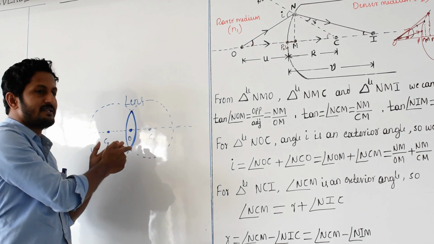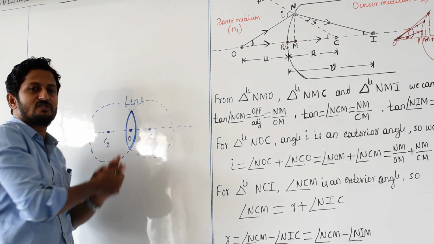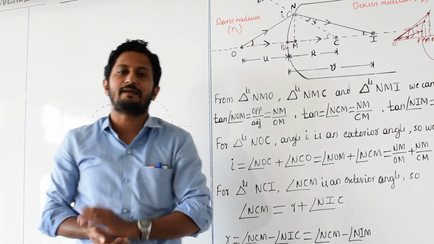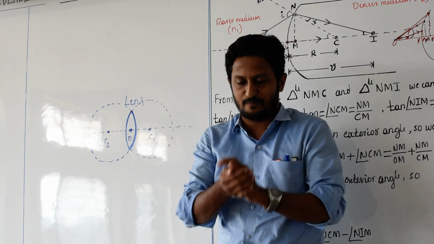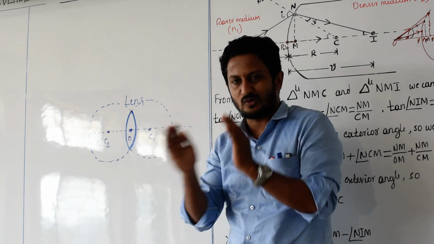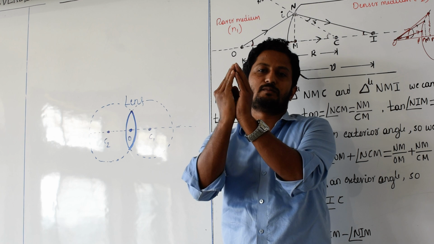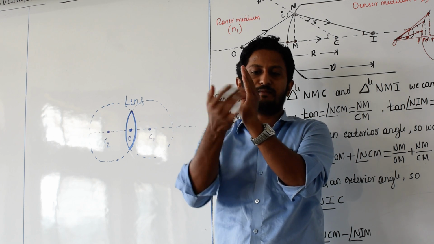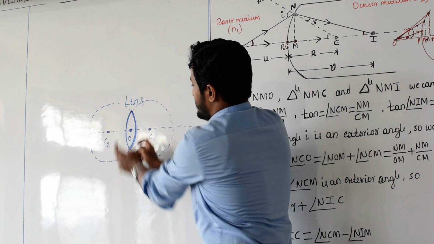I said lens means an optical medium bounded by two surfaces of which at least one should be spherical. Convex lens. Convex means it looks like this. Here I have drawn this convex lens. See, look at this position. How does it look? It is thick at the middle than at the edges.